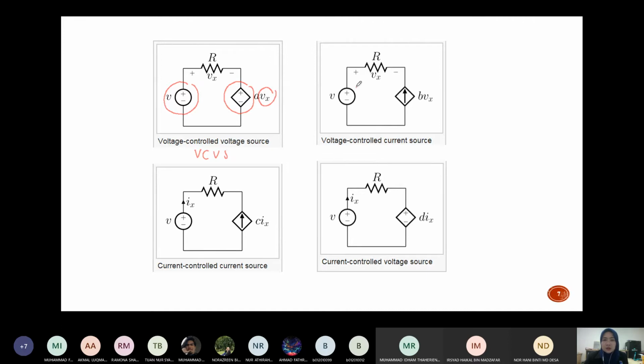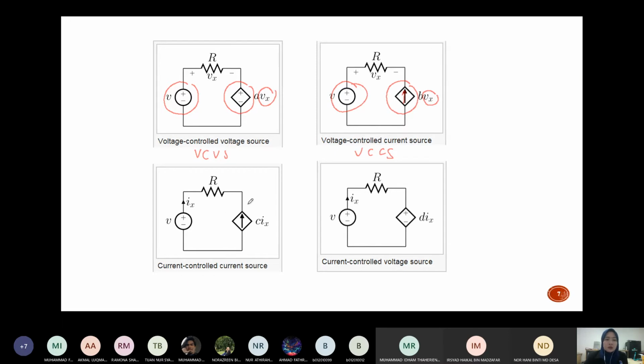This one is the independent source. This is the dependent current source. If you have an arrow like this, this is the current source, but the current source is dependent on the voltage. That's why we call it voltage controlled current source.